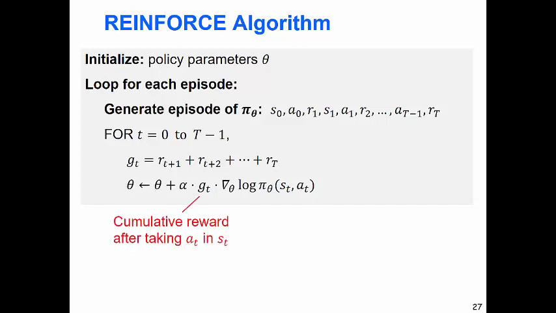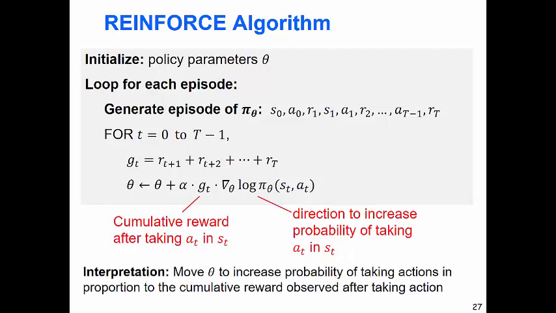We can interpret what this gradient is saying. This is just paraphrasing what we've already talked about, but it's always nice to look at this. These are the concrete parameters of our policy. And this is an estimate of the cumulative reward of taking action AT in ST. If there's a lot of reward after you take that action in that state, you'd like to take that action in that state again sometime.